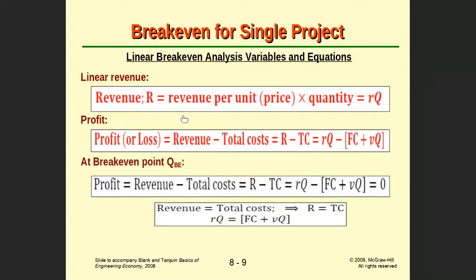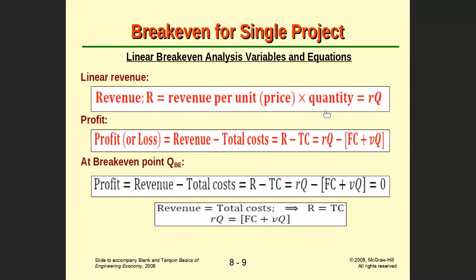The revenue equals the revenue per unit multiplied by the quantity, like the variable cost, because you are going to measure revenue based on the number of sold items or services or transactions of those services.